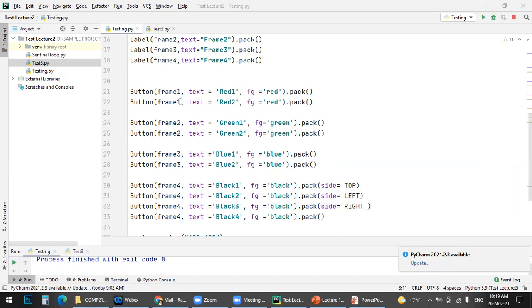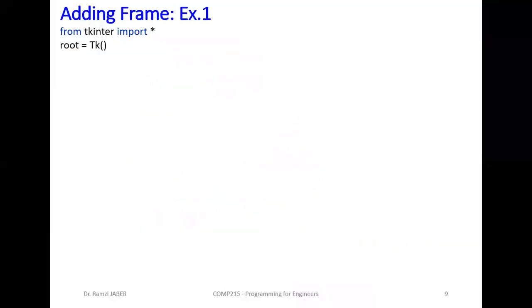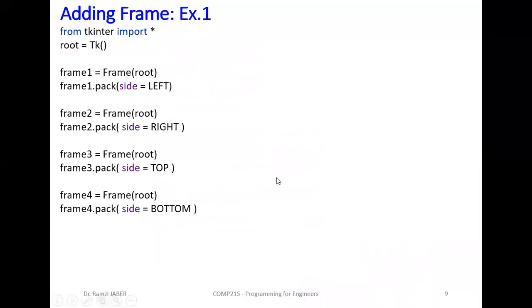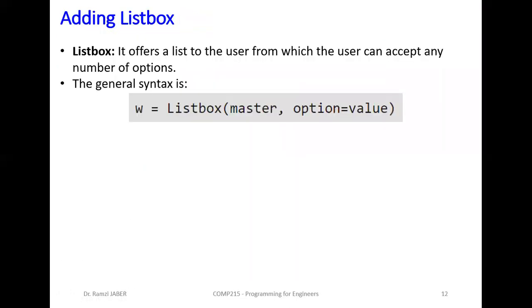This is the frame with its widgets, sorry. Now, this is the same example. Now, Listbox. It offers a list to the user from which the user can select any number of options.